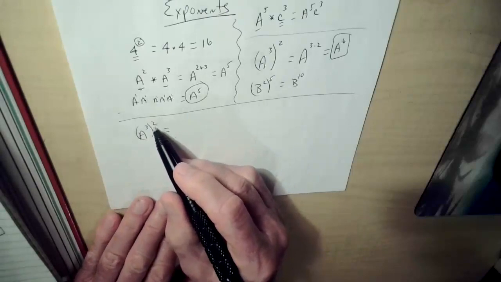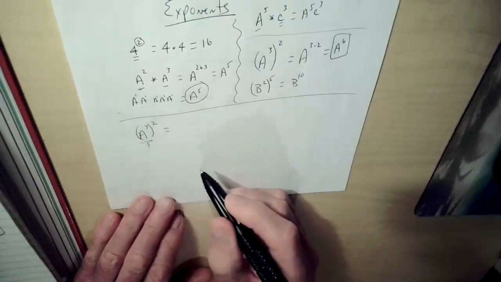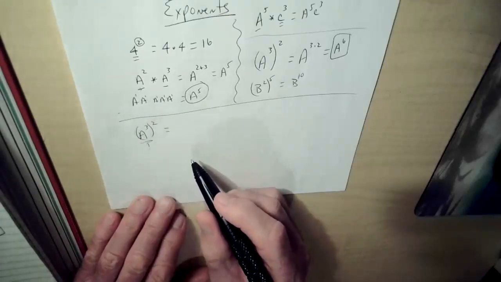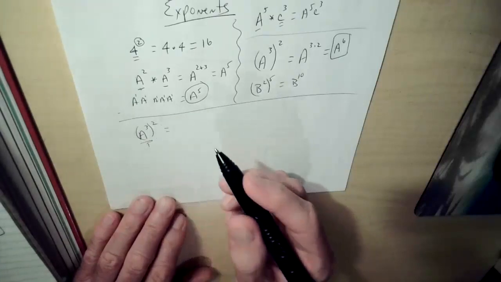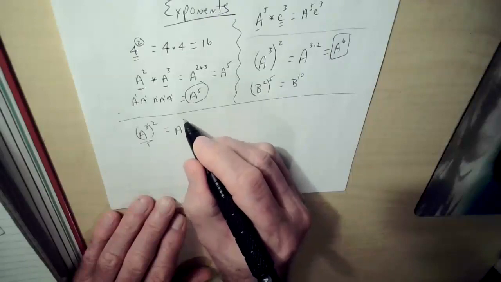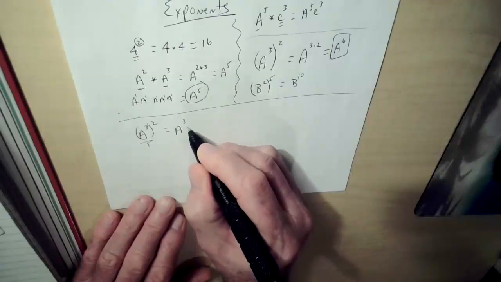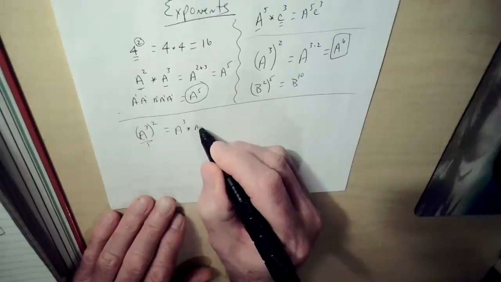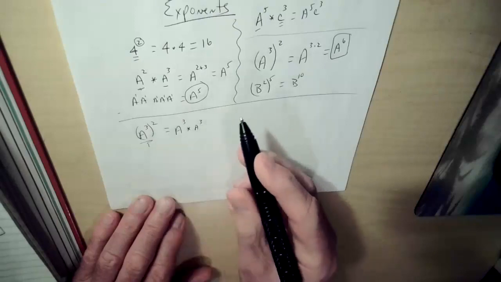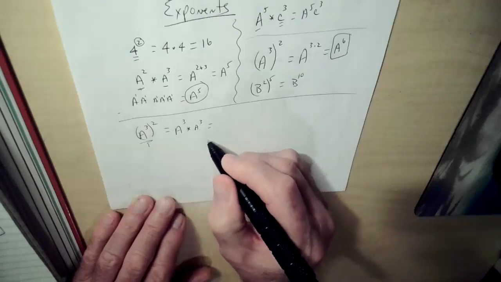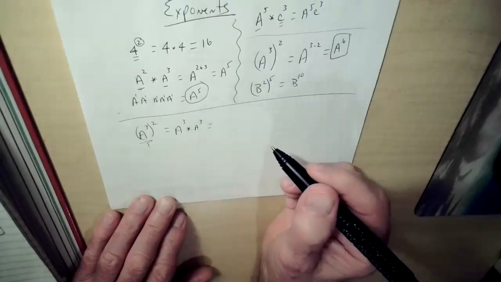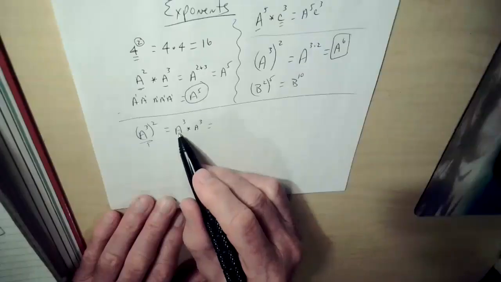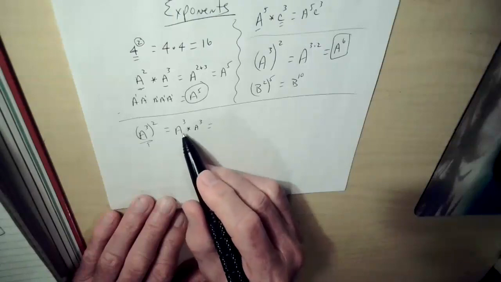Let me show you this again. A cubed all squared, what does this equal? Remember, this is the base number right here. And how many times are you multiplying it times itself? Twice. You have a cubed times a cubed, and now what do we do?